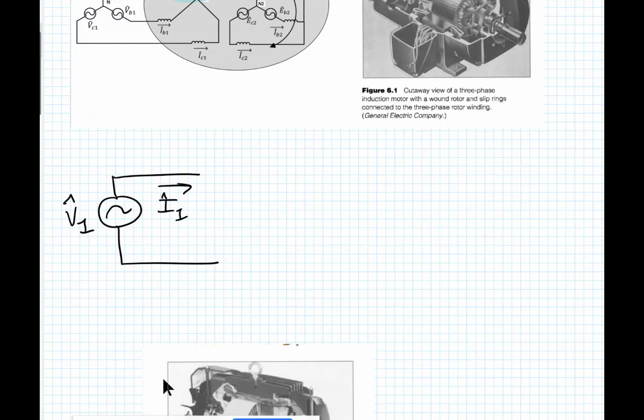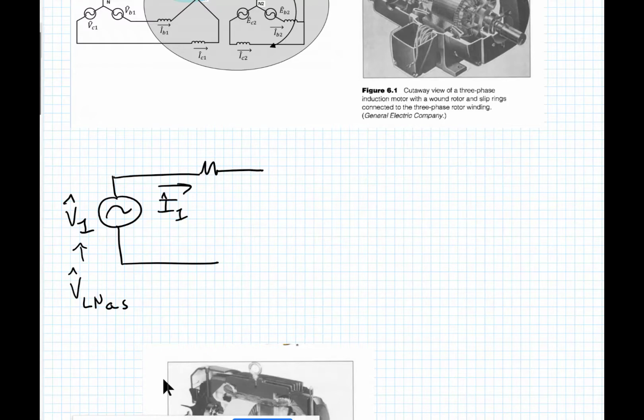You could call this V line to neutral A stator if you wanted. It's a line to neutral voltage of one of the windings. We picked the A winding, of the ABC windings.